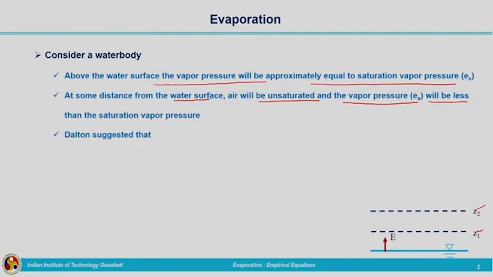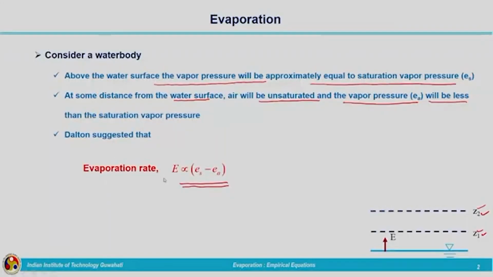Then Dalton's law, which everybody knows: according to Dalton, the evaporation rate is proportional to the deficit in vapor pressure. At these two levels Z1 and Z2 we have different vapor pressures. At Z1 we have the saturation vapor pressure, and at Z2 the air is in the unsaturated state and the vapor pressure is lower than the saturation vapor pressure. So, a deficit in vapor pressure is caused.